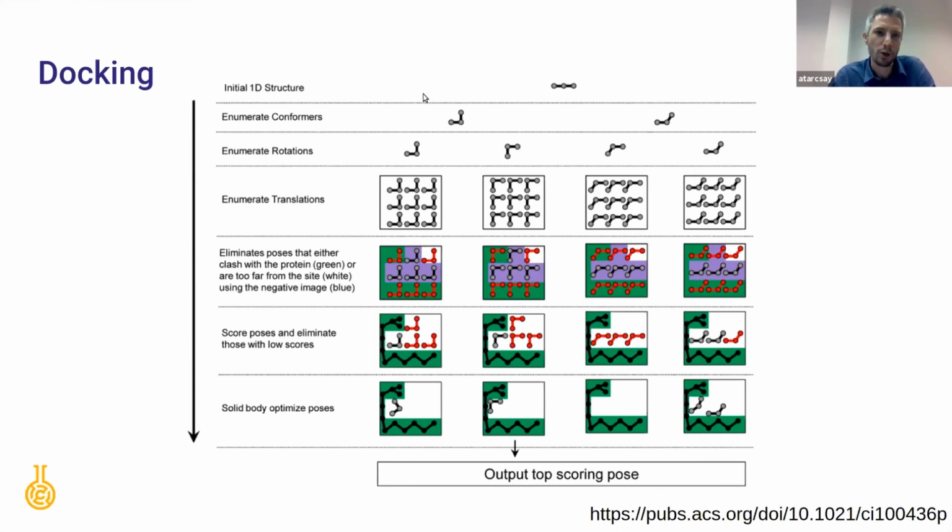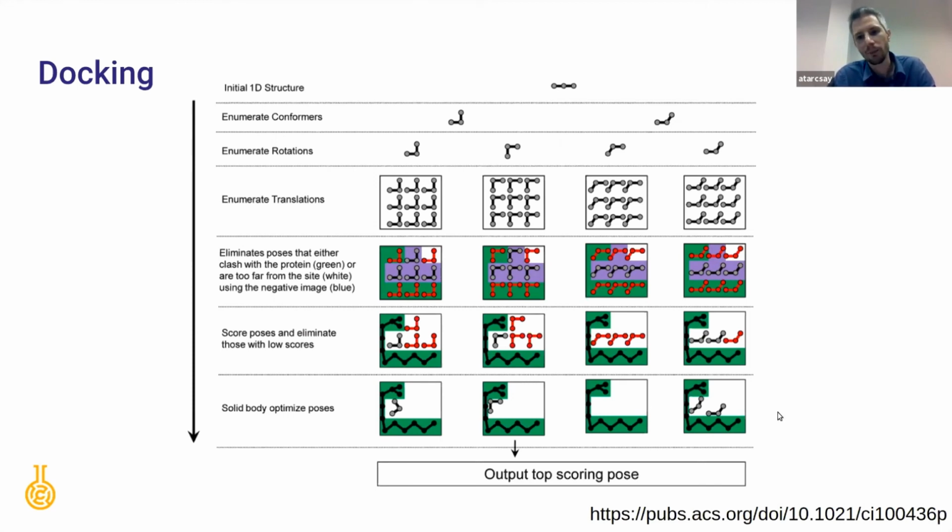This is again an oversimplification. You have an initial structure, you enumerate conformers, rotations of the conformers, and then translations of the conformers, fill up a box with these translations, and then place it into the protein structure, avoid or discard the positions that are overlapping, that are clashing, and the ones that are not forming any interaction, and then score these possible conformations, and then optimize the final structure in a way that the protein is kept rigid, and you want to find the best binding pose.